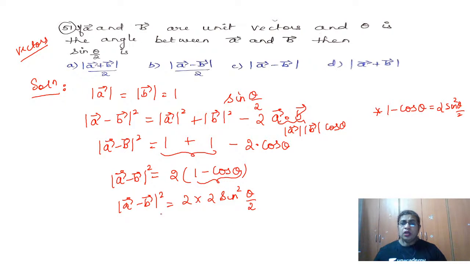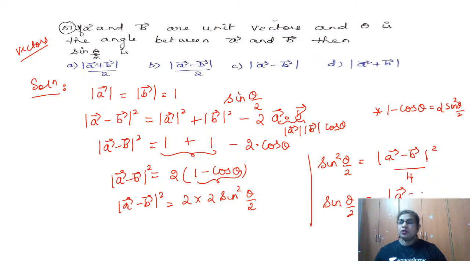So sine square theta by 2 is equal to magnitude of A minus B the whole square divided by 4. The question asks just sine theta by 2, so take the square root. Sine theta by 2 is magnitude of A minus B divided by 2, and therefore our B option.